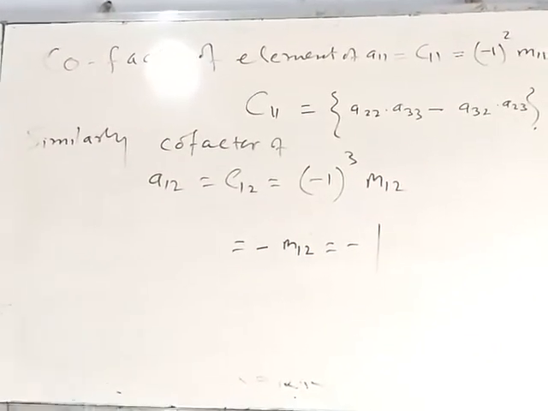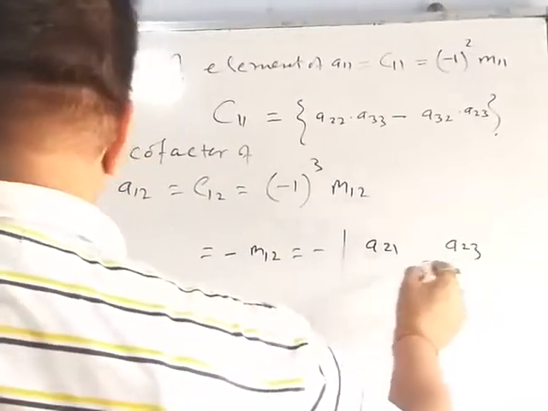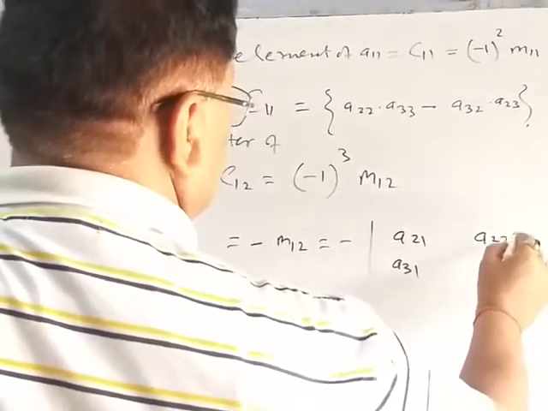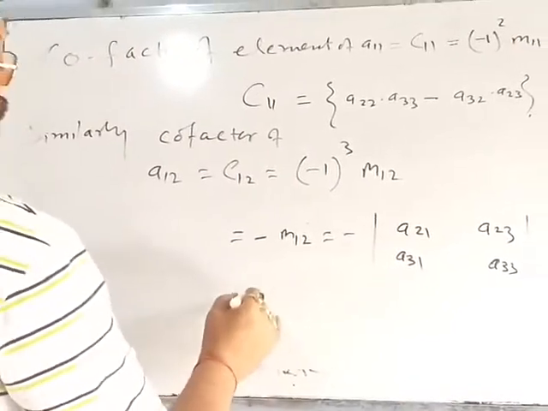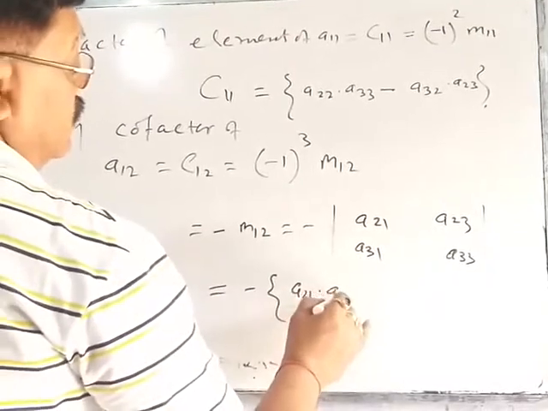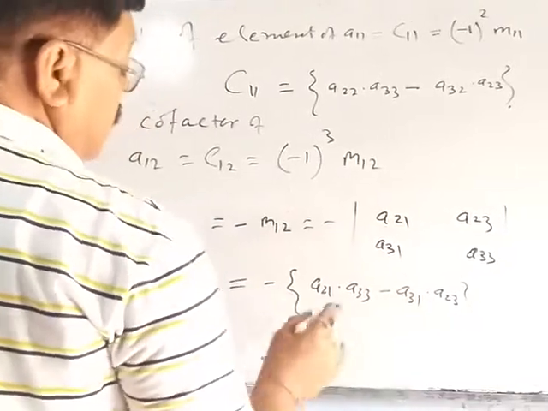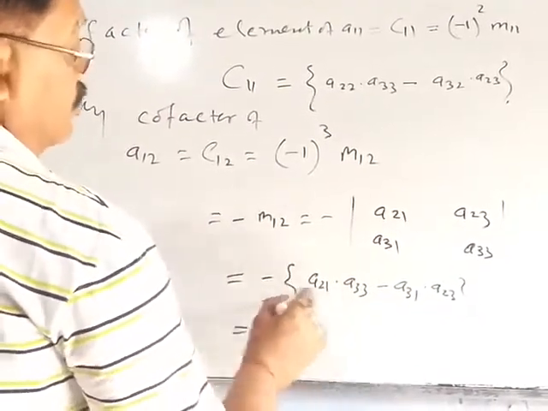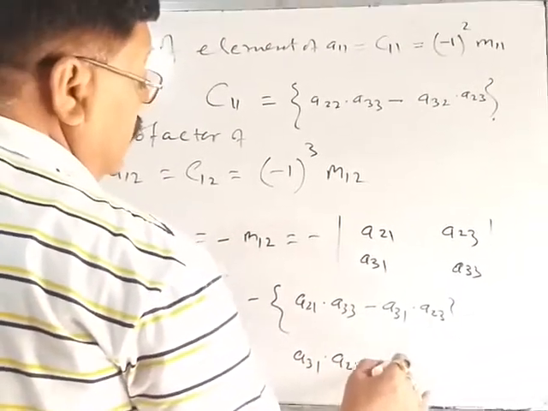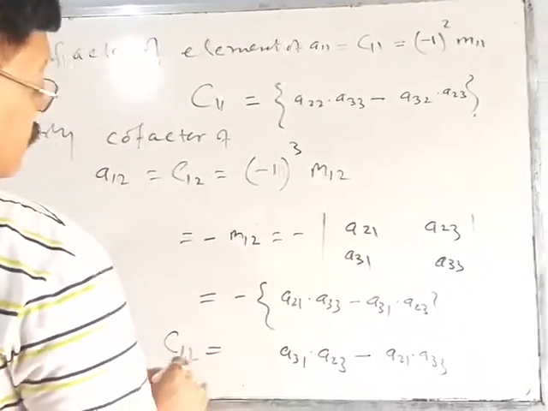M12 is A21, A23, A31, A33. So if you multiply this, minus A21 into A33 minus A31 into A23, and if you remove the bracket, A31 into A23 minus A21 into A33, this is the C12.